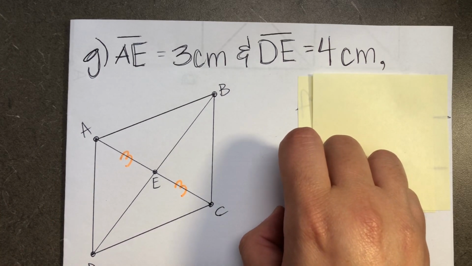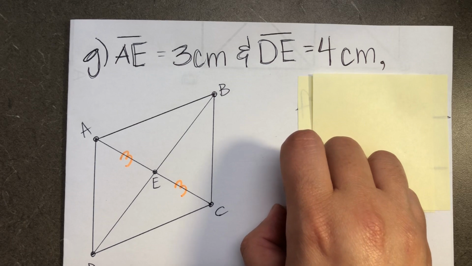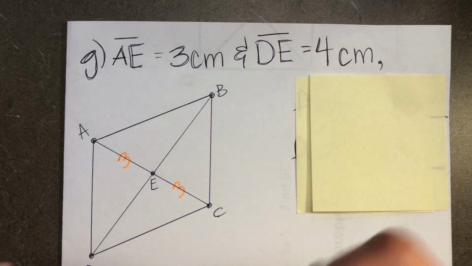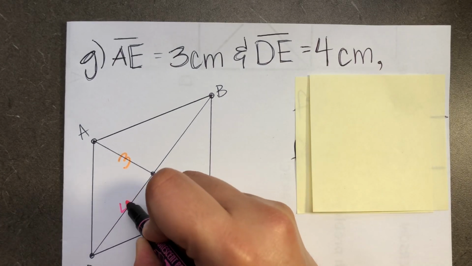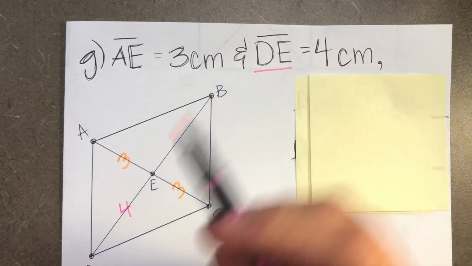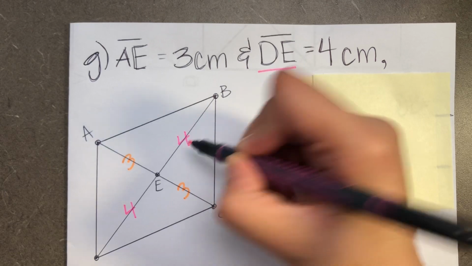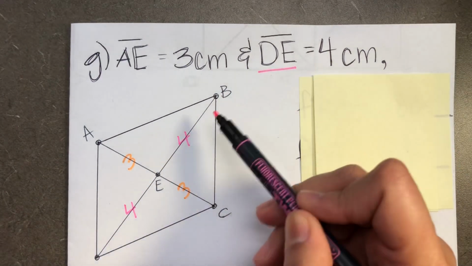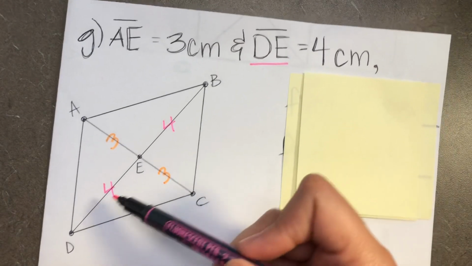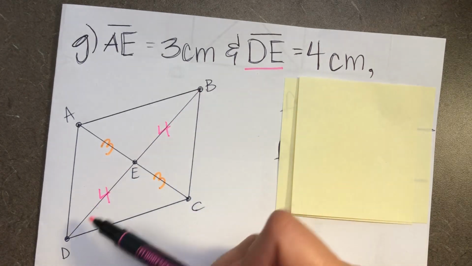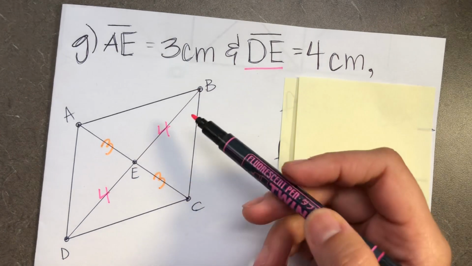So now with another color, let me go ahead and use pink. I could go ahead and put 4 here, because that's what they gave me. And so I could put another 4 here if eventually they wanted me to find the whole side. So I'd be ready to find DB if they were asking me for that.